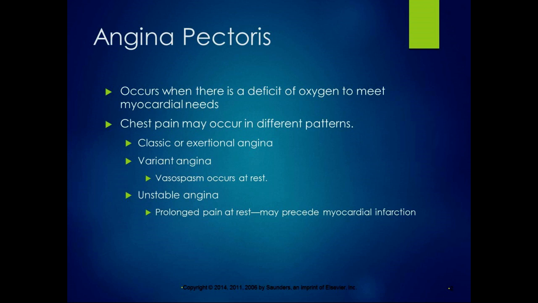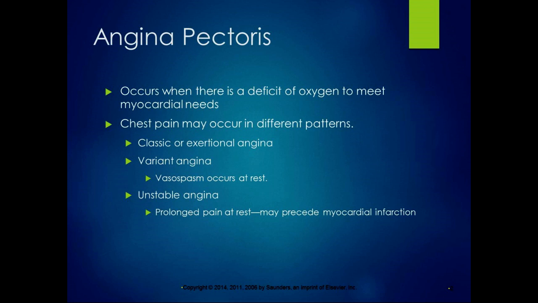Usually when you have exertion, the heart can adapt to its needs. It says, oh, I need more oxygen. It can cause vasodilation. You can get more blood through the coronary arteries. But when you have coronary artery disease and they're blocked, it doesn't work. And so you get that chest pain because part of the heart is being starved of oxygen.